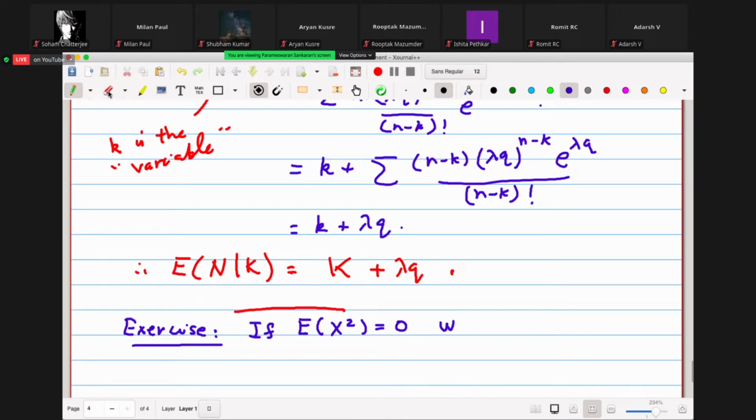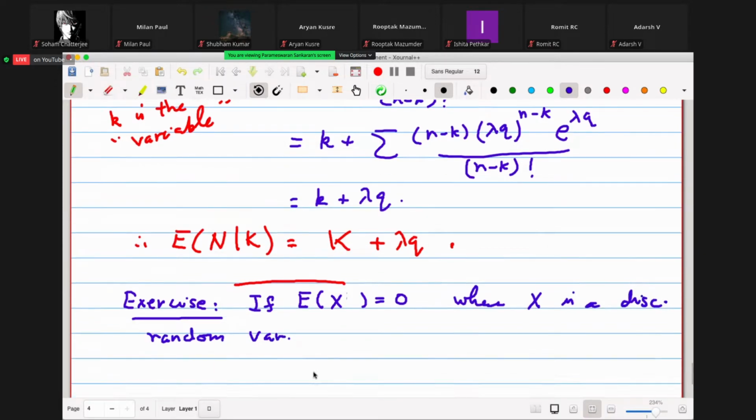Let me say it this way, we have x equals 0, where x is a random variable. Okay, discrete random variable. We are working with only discrete random variables.